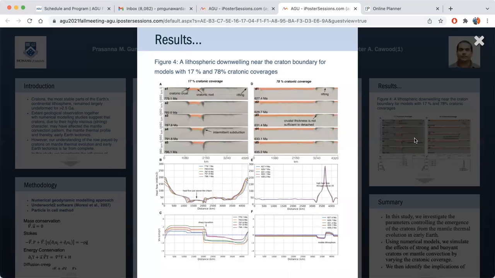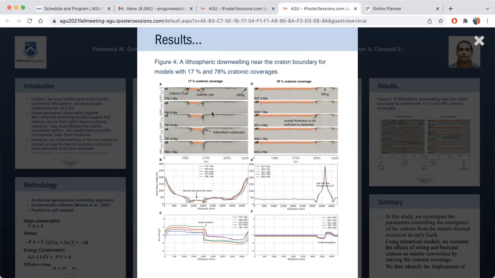And in the fifth slide, I'm comparing two models. One has relatively lower cratonic coverage, and the other has relatively higher cratonic coverage. The model with lower cratonic coverage reaches low temperatures faster, and we can also see the subduction like features are more prominent in the figure 4a model.